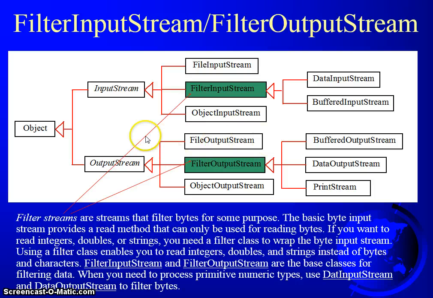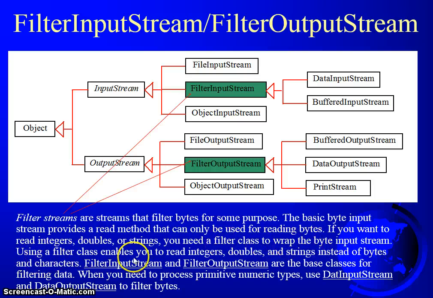Now this is the FilterInputStream and FilterOutputStream, streams that filter bytes for some purpose. The basic byte input stream provides a read method that can only be used for reading bytes. If you want to read integers, doubles, or strings, you need a filter class to wrap the byte input stream.